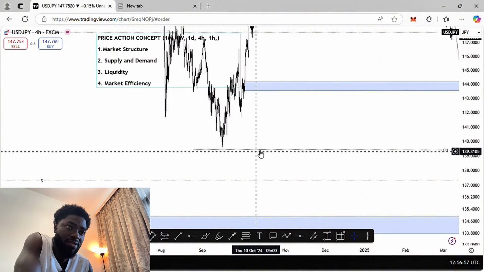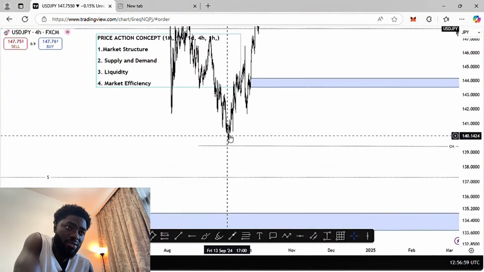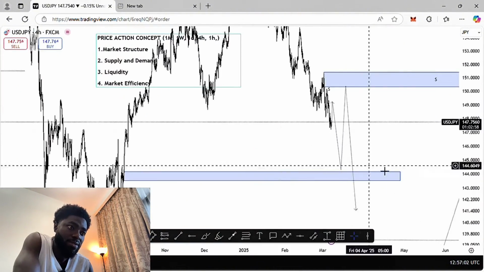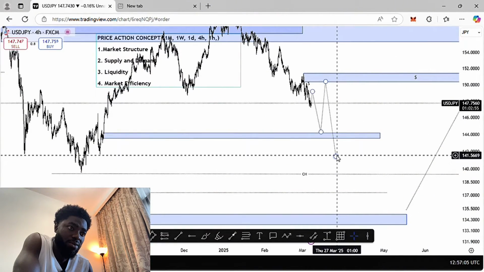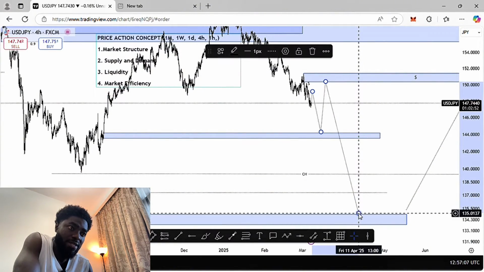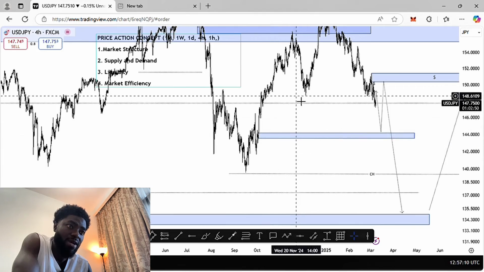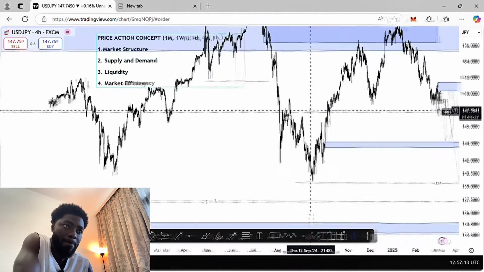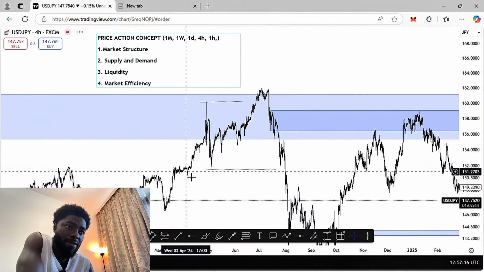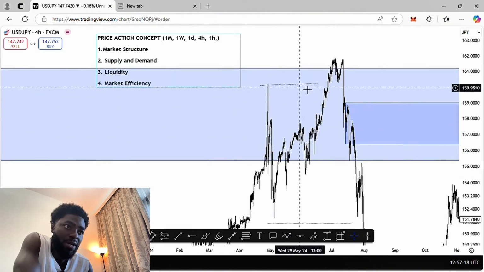I actually want to see this low taking out, because the monthly time frame and weekly time frame are showing me that we are in a bigger sell market. And this is what I was talking about at the 4-hour.